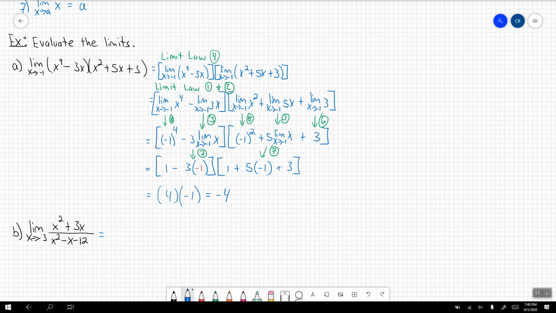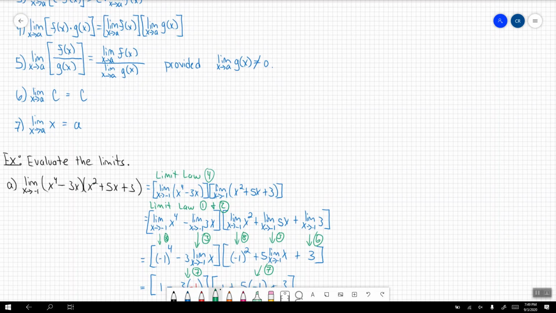The first thing I see is that I can take the limit as x approaches negative 3 for my numerator, x squared plus 3x, divided by the limit for my denominator, as x approaches negative 3, of x squared minus x minus 12. And the limit law I'm using here is limit law number 5.